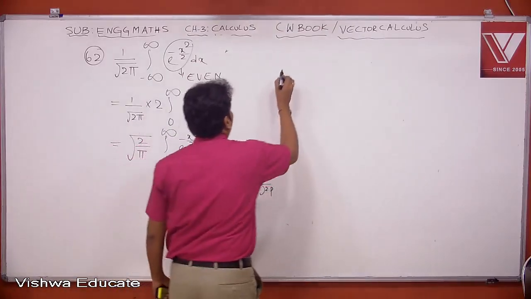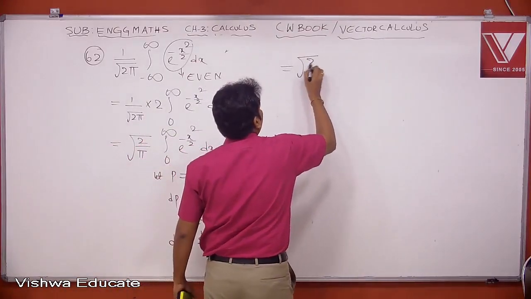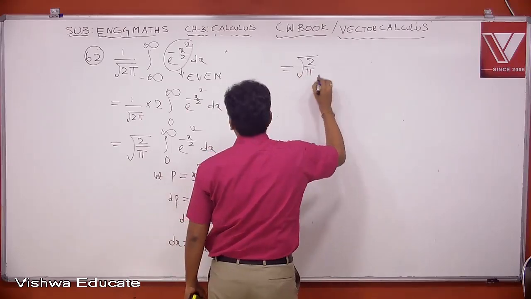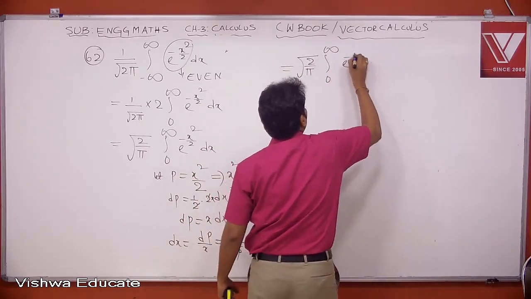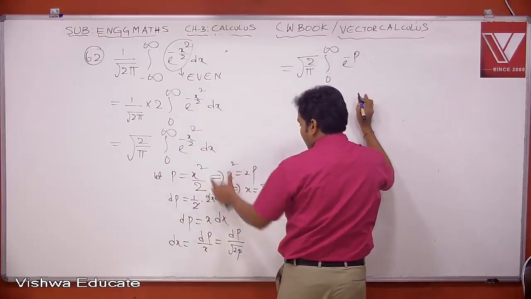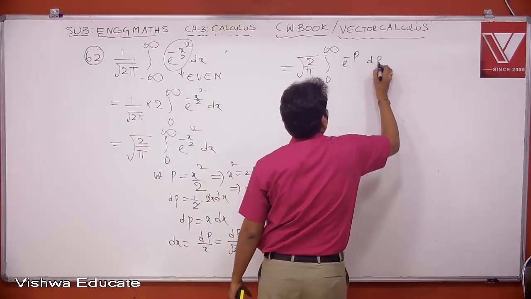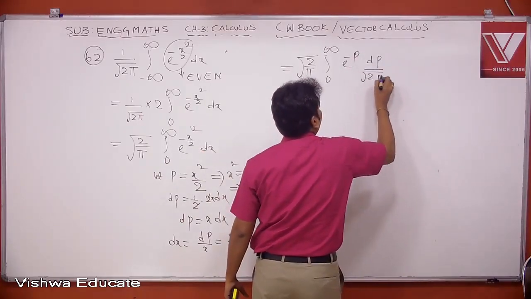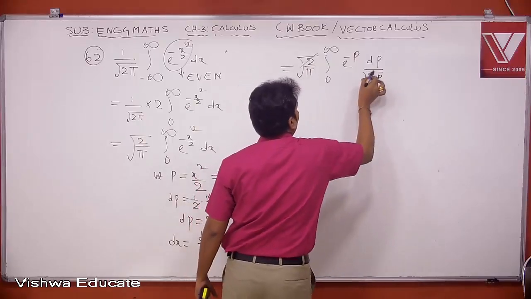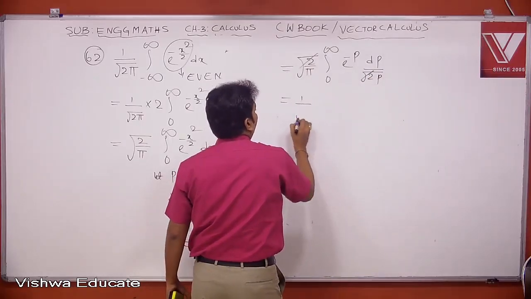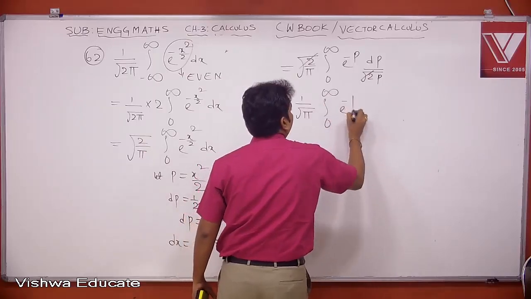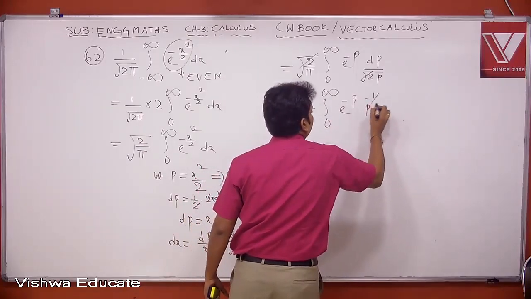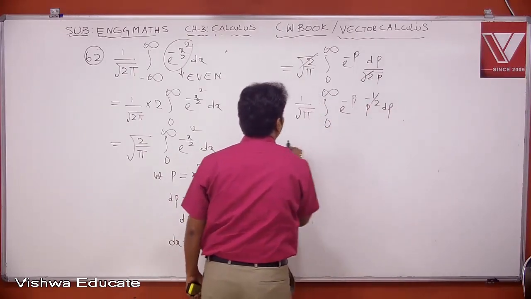Now let us do all these changes. So square root of 2 by pi into integral 0 to infinity e power minus p into this dx replaced by dp by square root of 2p. Now the square root of 2 will be cancelled. So 1 by square root of pi into integral 0 to infinity e power minus p into p power minus 1 by 2 dp.